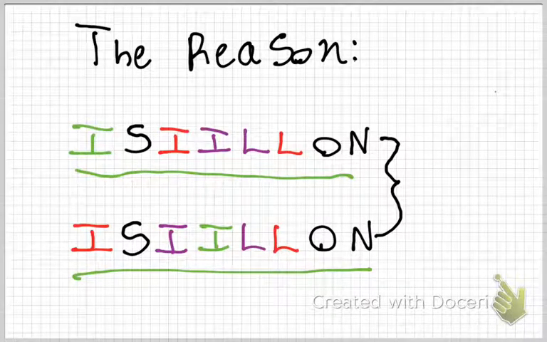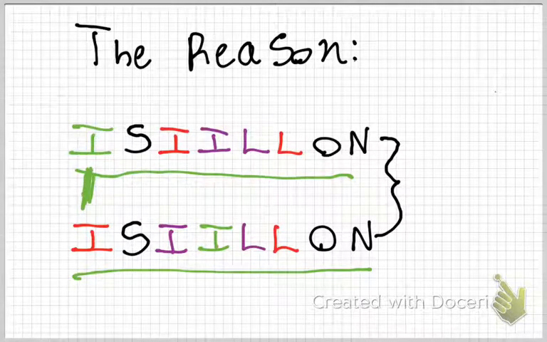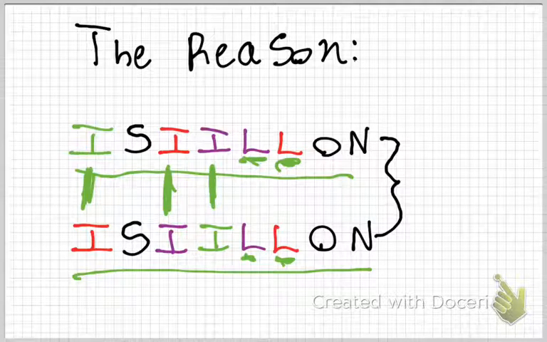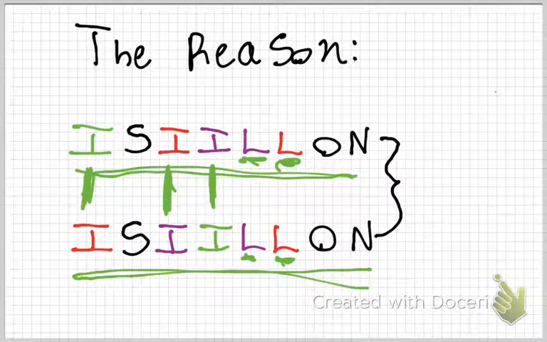But we're considering alike symbols, these two I's, this L and this L, to be the same. They are not distinct. And so the regular formula for permutations that you may be used to would not account for this. It would consider these two to be distinct, and therefore it would end up overcounting.